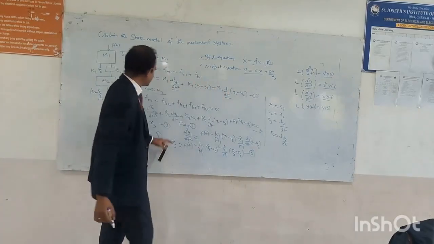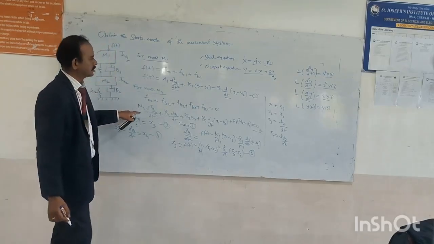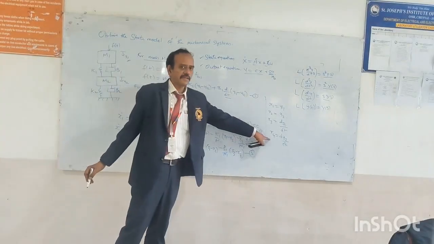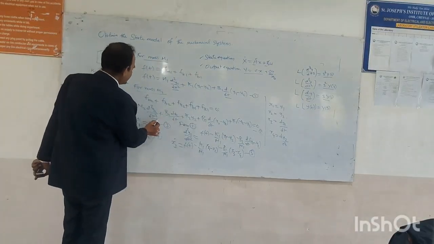Similarly, you can form the equation for equation 2. How can you form it? I need x4 dot, which is d square y2 by dt square.